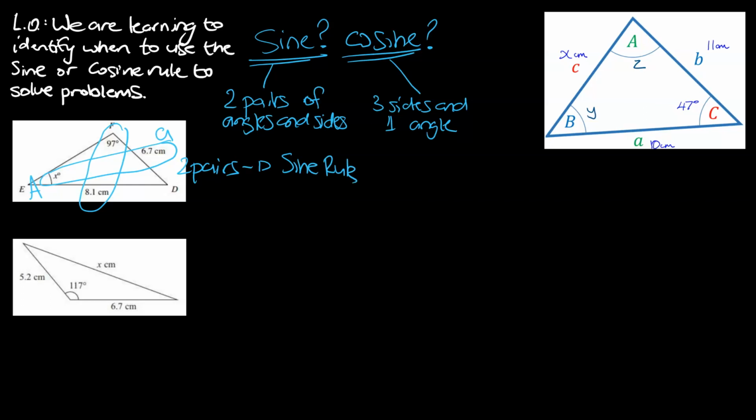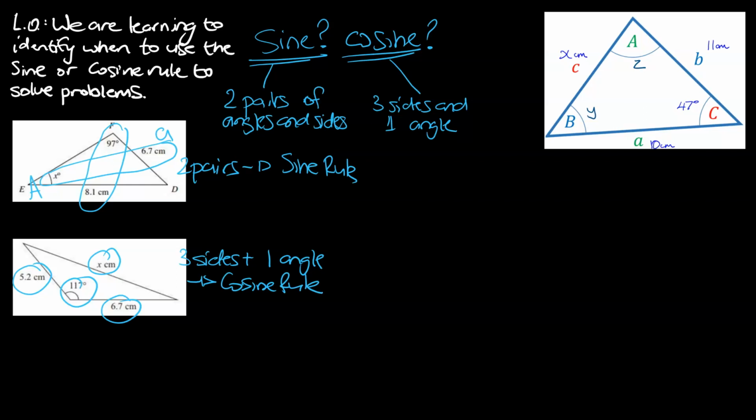Below that, let's have a look. We're dealing with three sides and one angle. So here we've got three sides plus one angle, and that tells me that I'm going to want to use the cosine rule for that question.